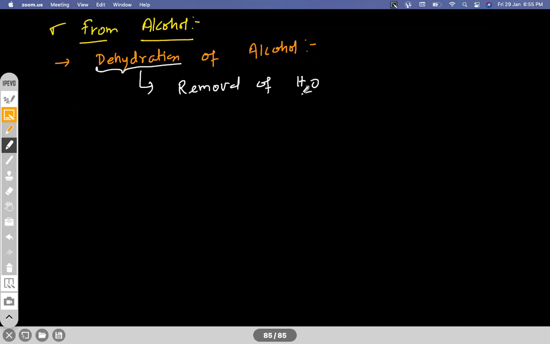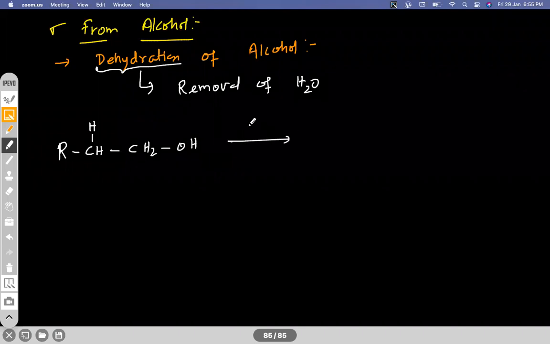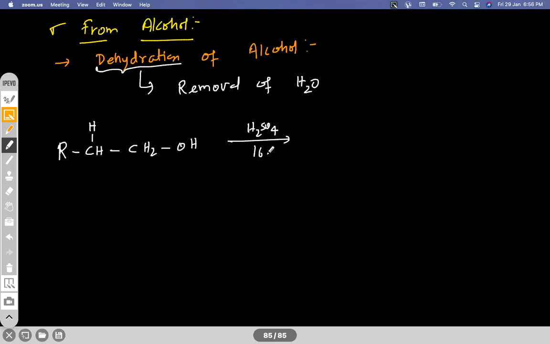Okay. So in this, what happens here? We have RCH2CH2OH. This is the alcohol we have, suppose. When you heat this with acid at around 160 or 170 degrees Celsius, generally, elimination takes place at higher temperature, right?